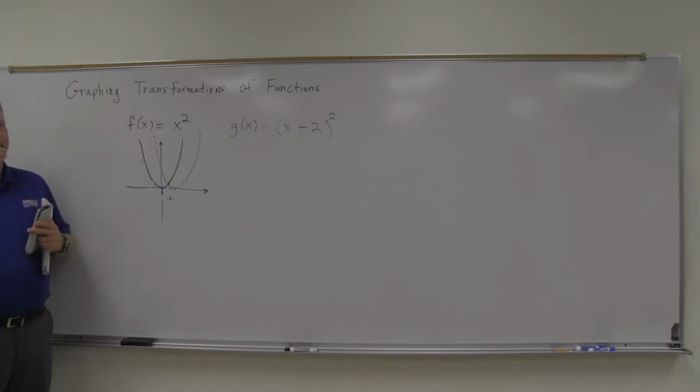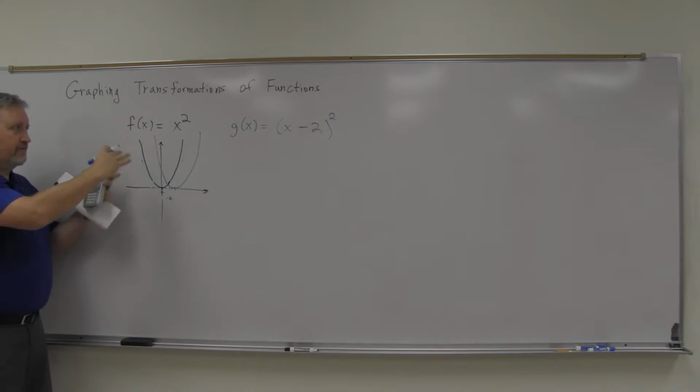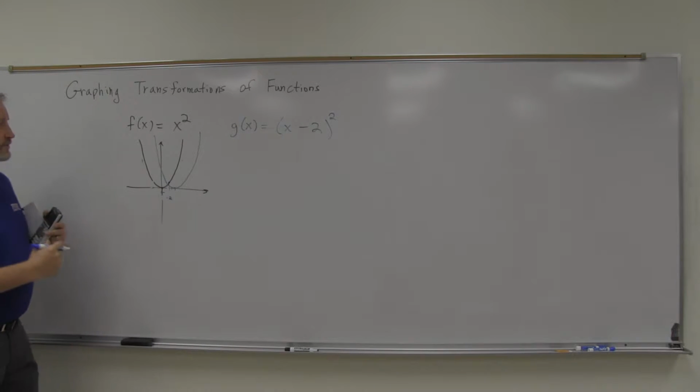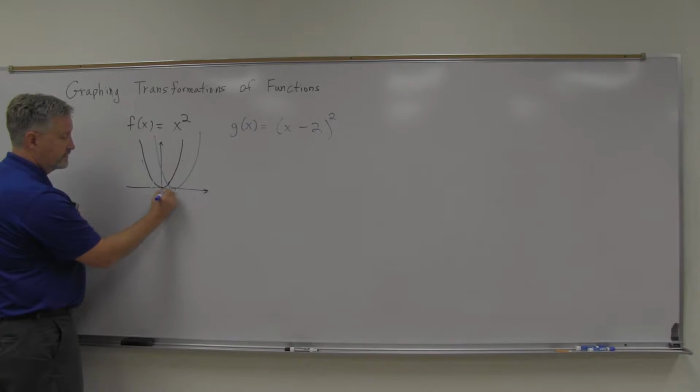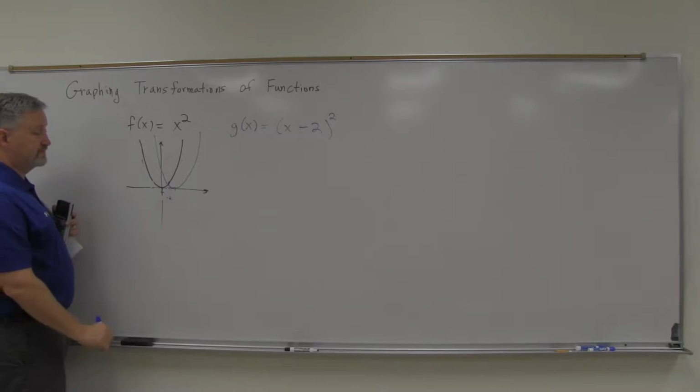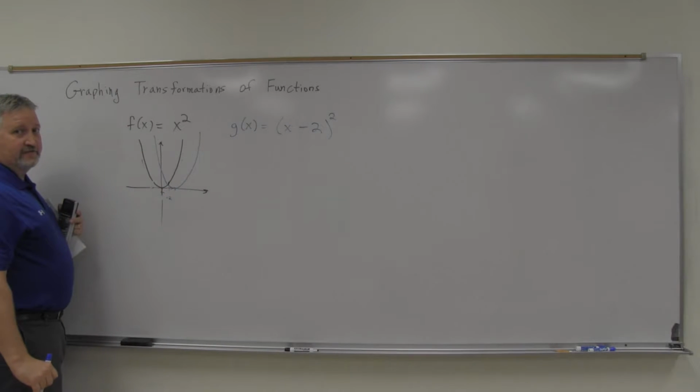So instead of taking the x squared graph and shifting it down 2, now what's the shift here? It's moved over 2, and more specifically, it's moved to the right 2.